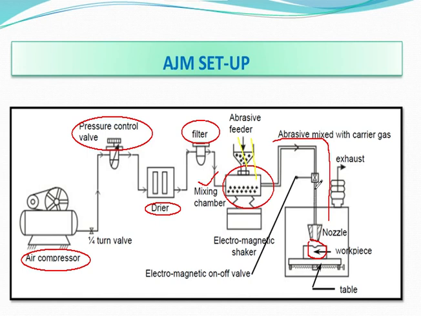As the particles impact the surface, they cause a microfracture and the gas carries the fractured particles away. You can see there is also an exhaust from where the gas can be removed. Brittle and fragile work is preferred in this particular process.